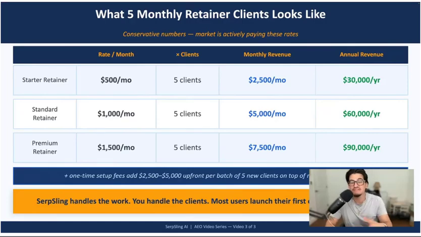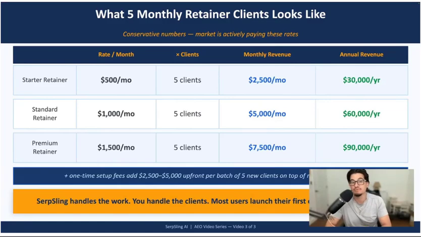And this doesn't even include you upselling to other services that you can help them with. This is just bringing them in with the AEO service, which can then branch into many more services as well. And if you put this along with some one-time setup fees, that can add an extra $2,500 to $5,000 in upfront income that you can charge on top of the monthly retainer.